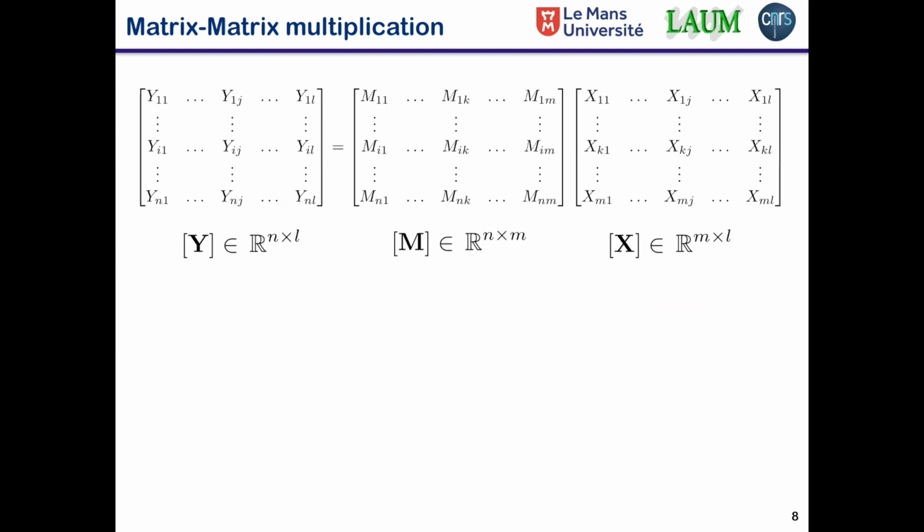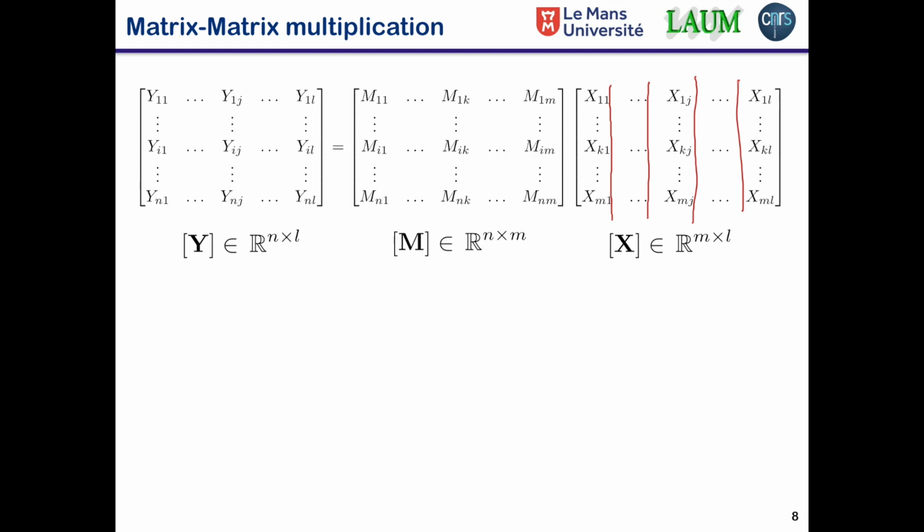We have seen matrix vector multiplication, but we can also multiply matrices together. This is just by seeing that, in fact, a matrix is just a collection of column vectors that are put together. So this is the generalization of the matrix vector multiplication.